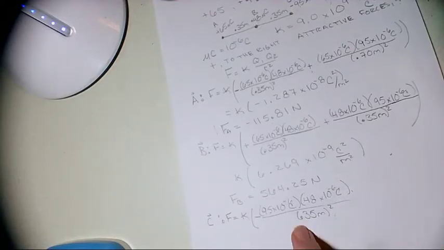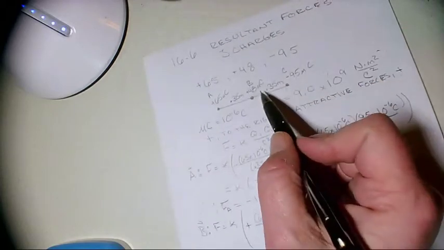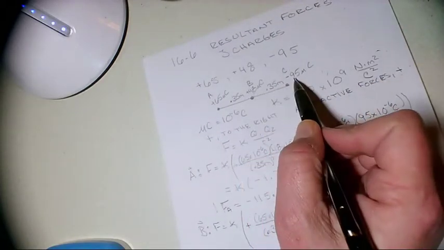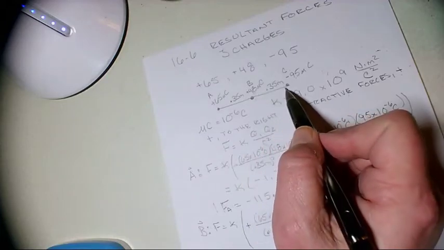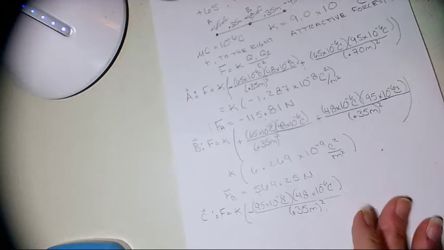Okay, so we have that. This is for being in the negative direction. And the force between this negative and positive is attractive, so that's positive. So this is going to stay negative.